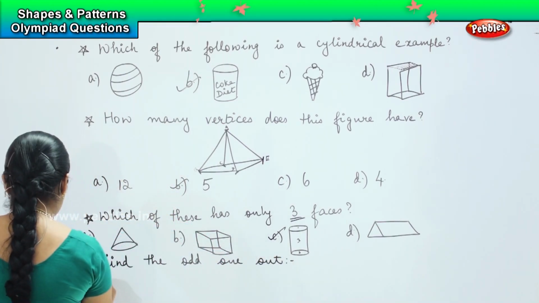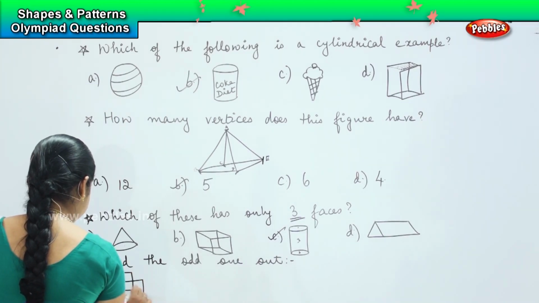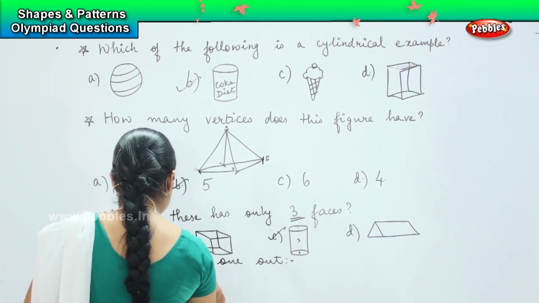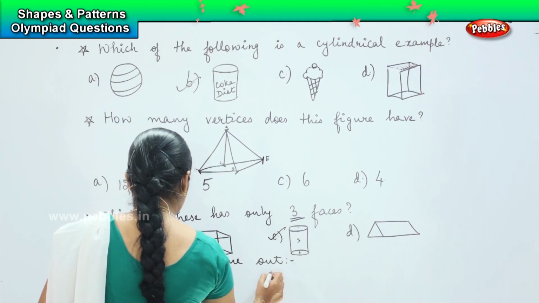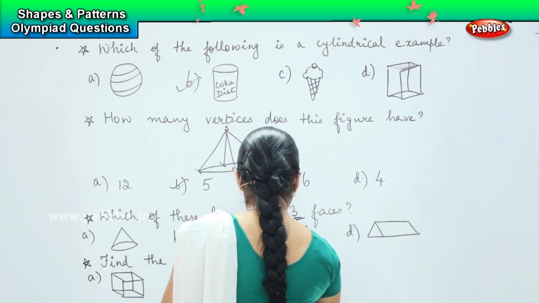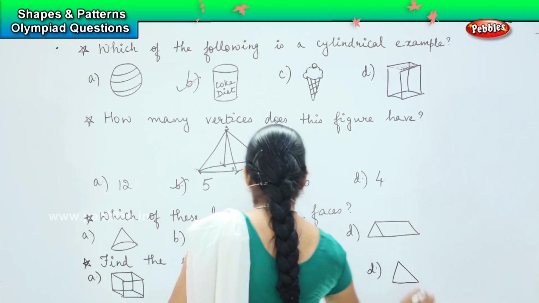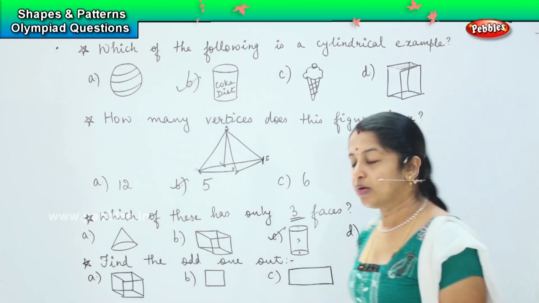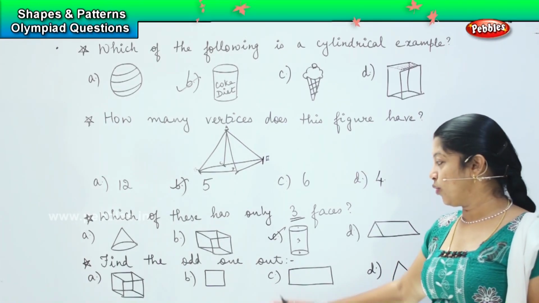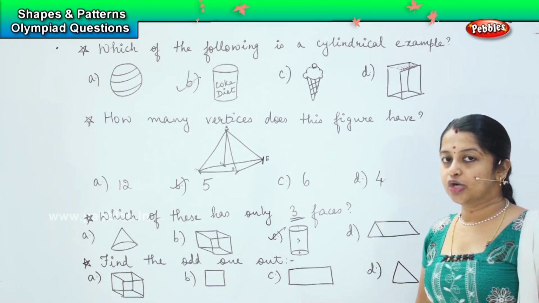And your options are option A, option B, option C, option D. So which do you think is the odd one out, children? See properly and tell me. And if you have to choose one option, you also have to tell me why it is the odd one out.